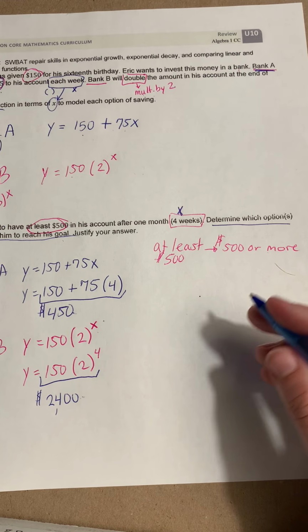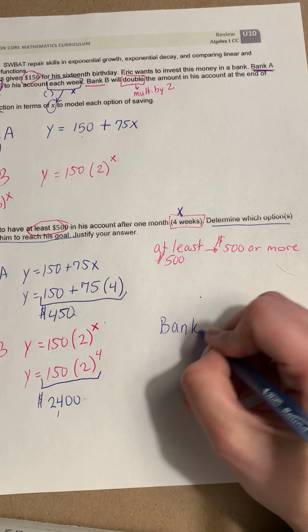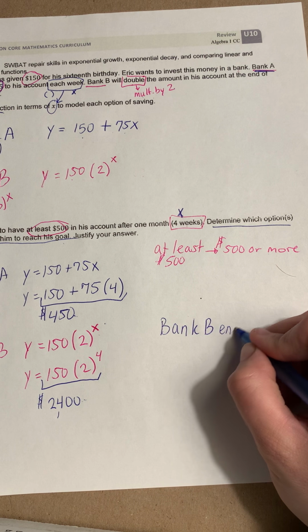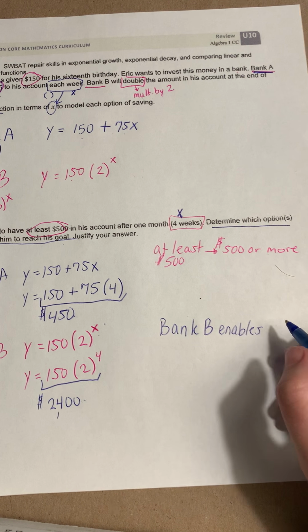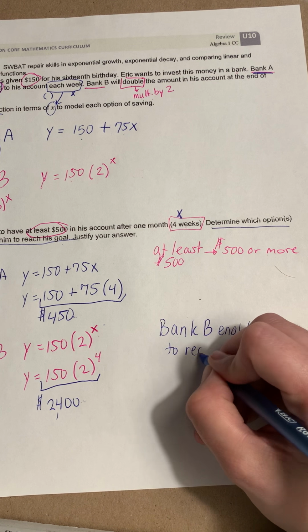So over here, my final answer, I have to answer it. I have to say Bank B enables him to reach his goal.